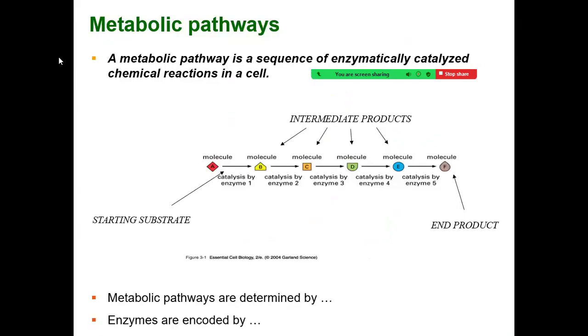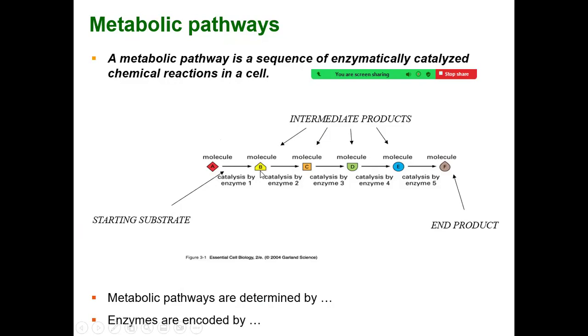So here is a metabolic pathway where we have one reaction, molecule A being converted to molecule B by enzyme 1. So molecule A is the starting substrate, the molecule that starts it all.